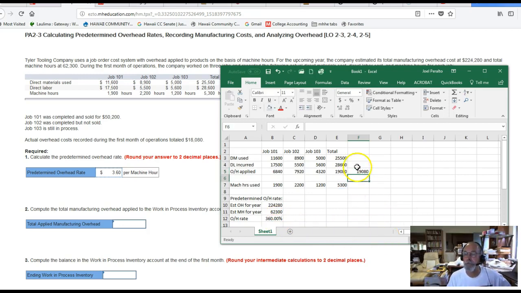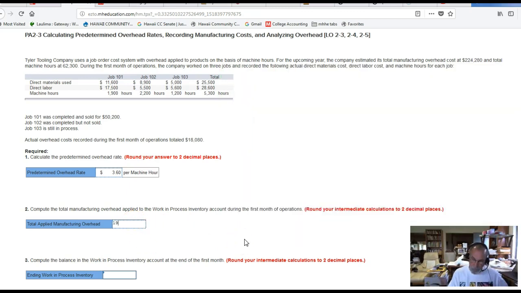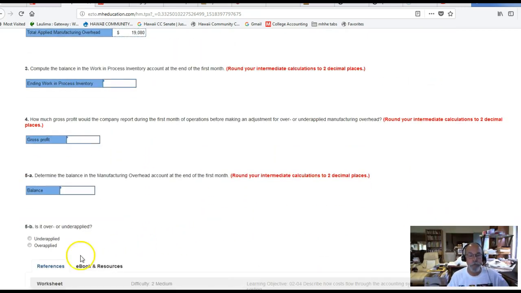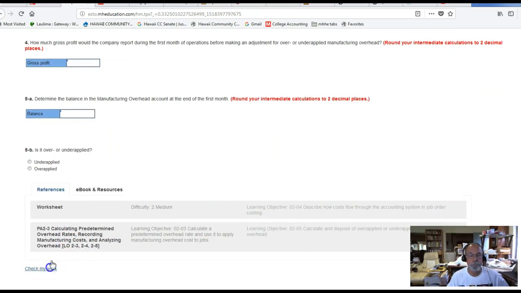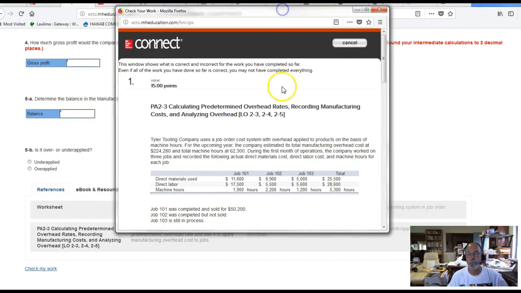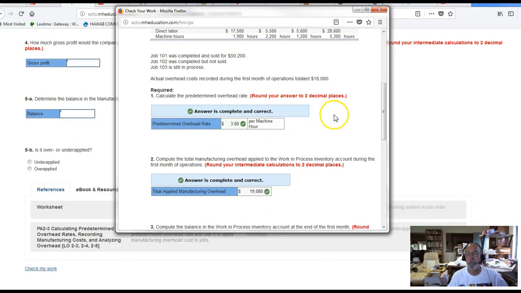And so that's just a check on this calculation here. Okay, so that's 19080. And let's put that in there and let's check it. And we're okay.